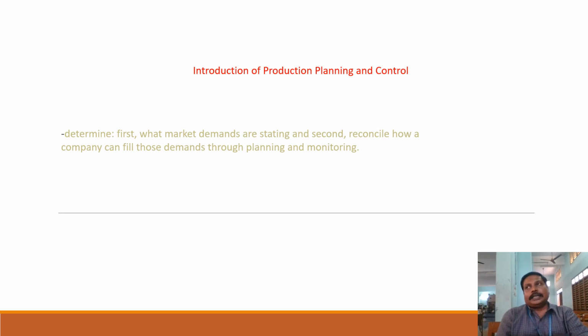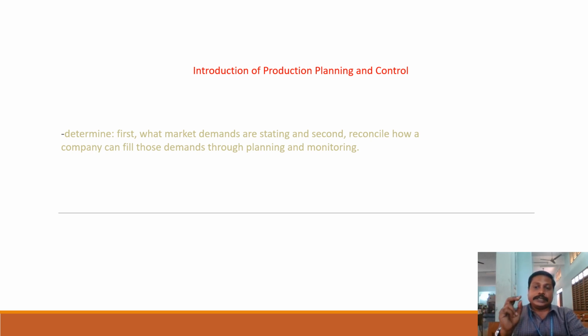This production planning and control deals with three different activities. First one is finding the market demand, and second one is planning to meet that demand in the market.